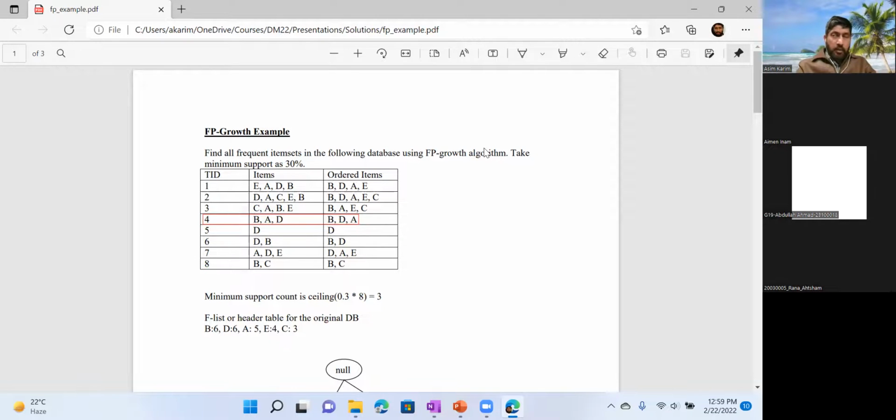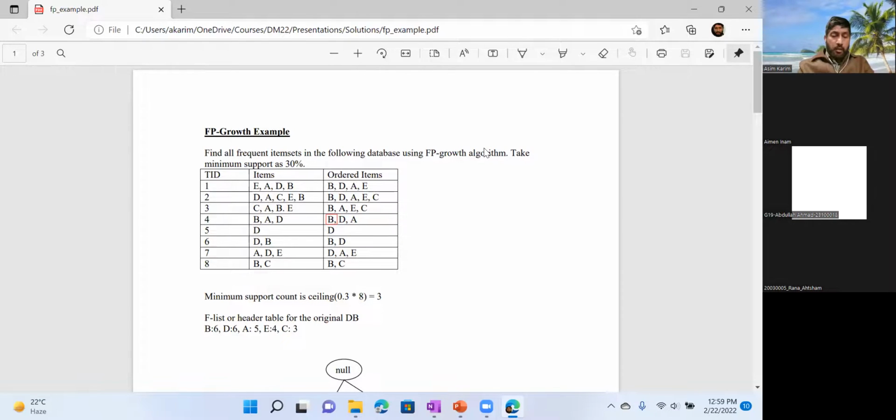And if any item is not frequent, we removed it. So here we write first B, D, then A and E. We write it in that order, even though originally it may have been written in some other order.